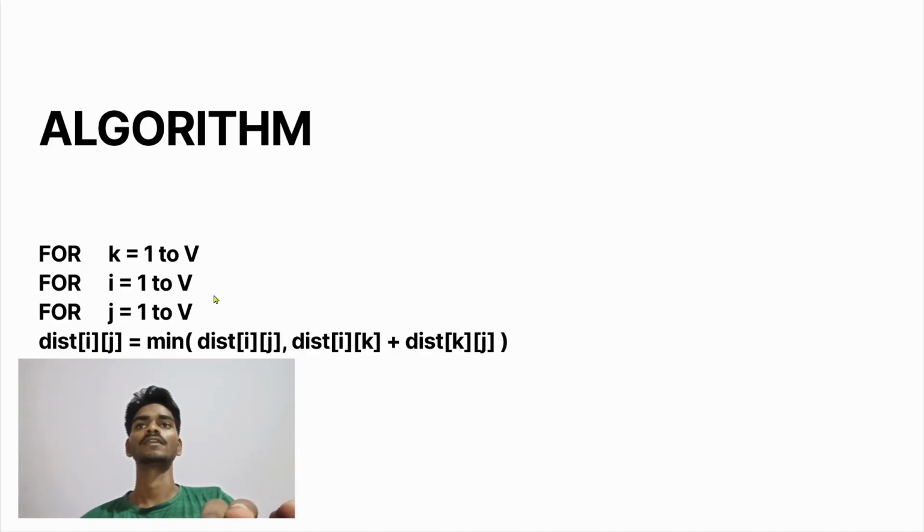Next, the important one is the algorithm. For k equal to 1 to v, for i equal to 1 to v, for j equal to 1 to v, distance of ij is equal to the minimum of distance of ij comma distance of ik plus distance of kj.